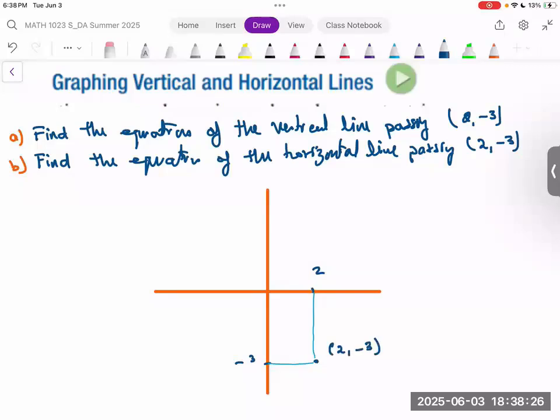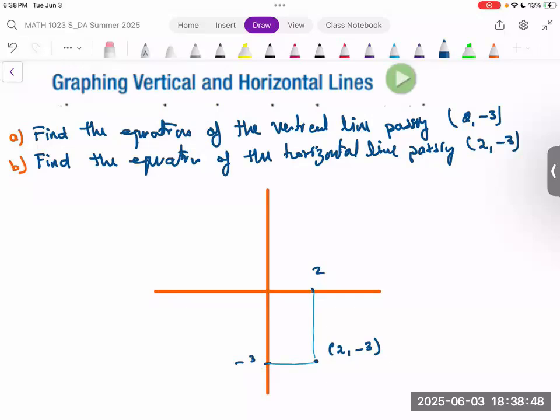Are we okay with this? Is it (2, -3)? Seems like it, right? Everybody agree about (2, -3)?